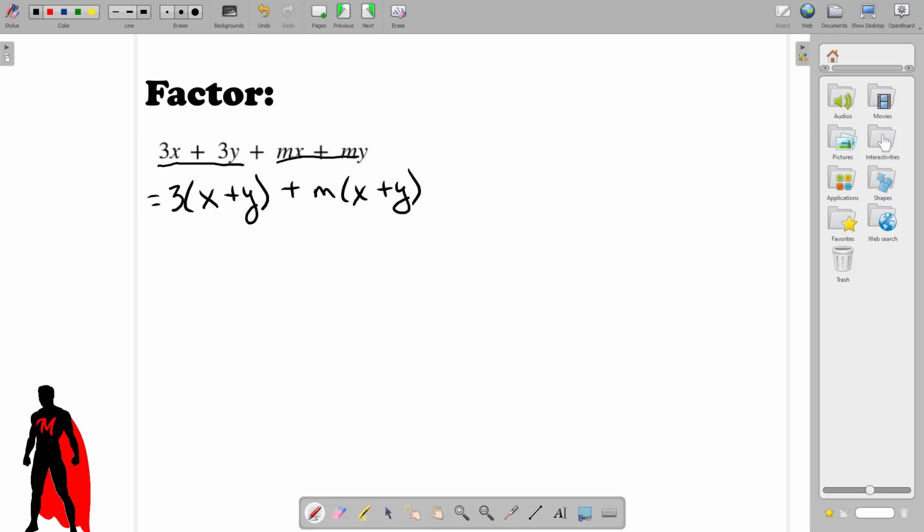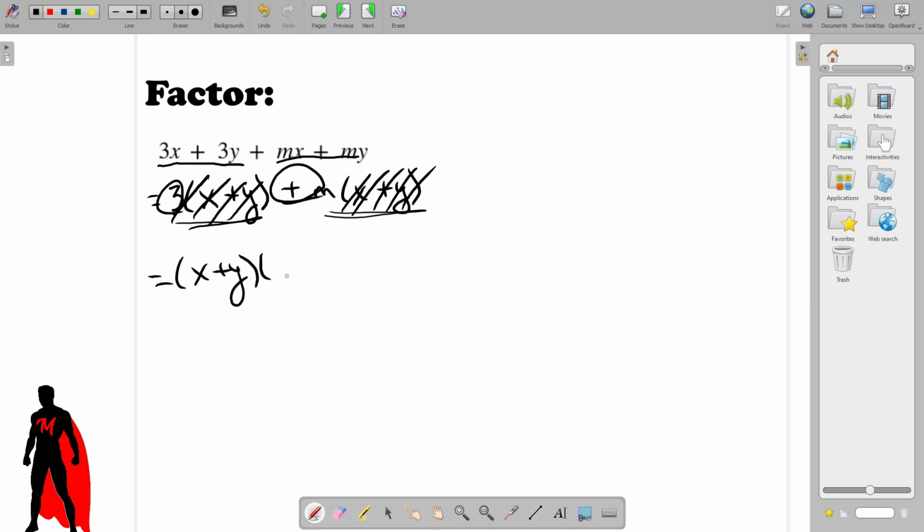Now, this has an x plus y, and this has an x plus y. So if I take this x plus y and factor it out, then what's left is 3 plus m.